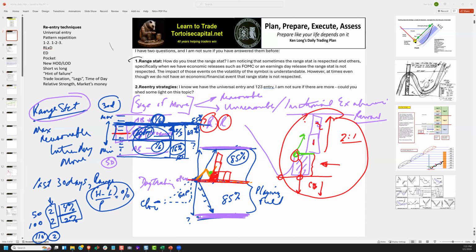And I can quickly plunk it on there and say, yeah, there's a 2-to-1 that's available. This is a reasonable trade because I'm going to get 2R before it goes to the maximum reasonable intraday move, which is the range stat. Only 15% of the time in the past 30 days did it ever move farther than that line during the daily move.